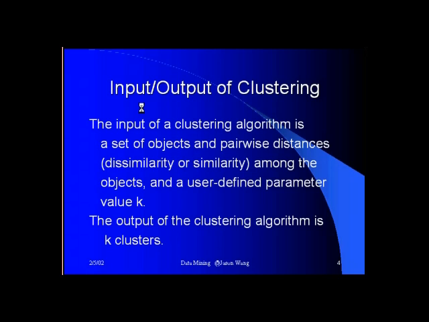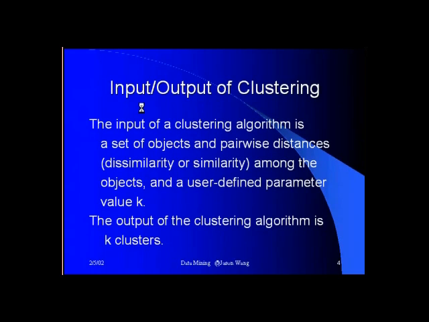The output of the clustering algorithm is k clusters. Suppose you specify k is 3, then the output will be 3 clusters. Suppose you specify k should be 10, then the output is 10 clusters. So we use this value k to control the number of clusters produced by the clustering algorithm.